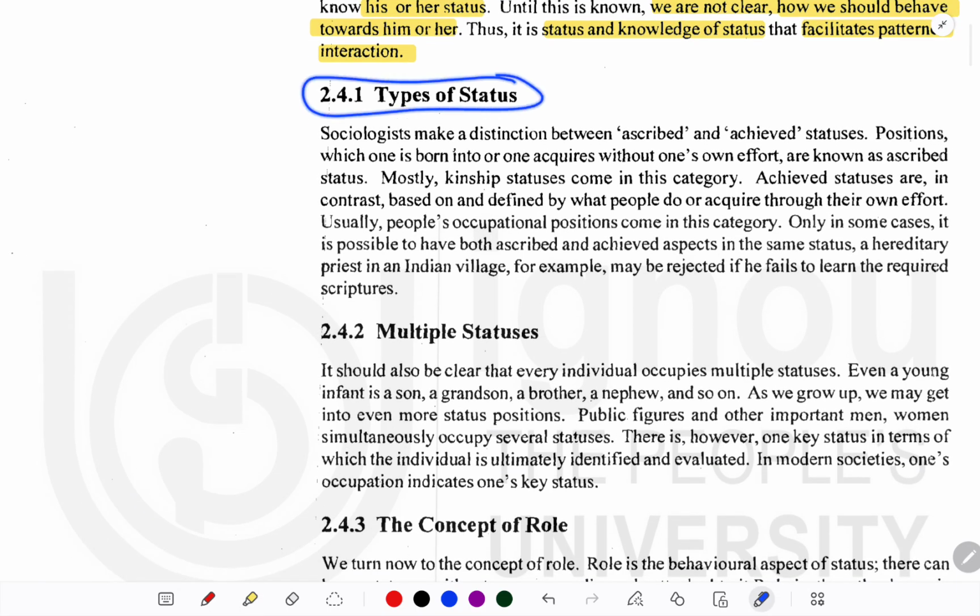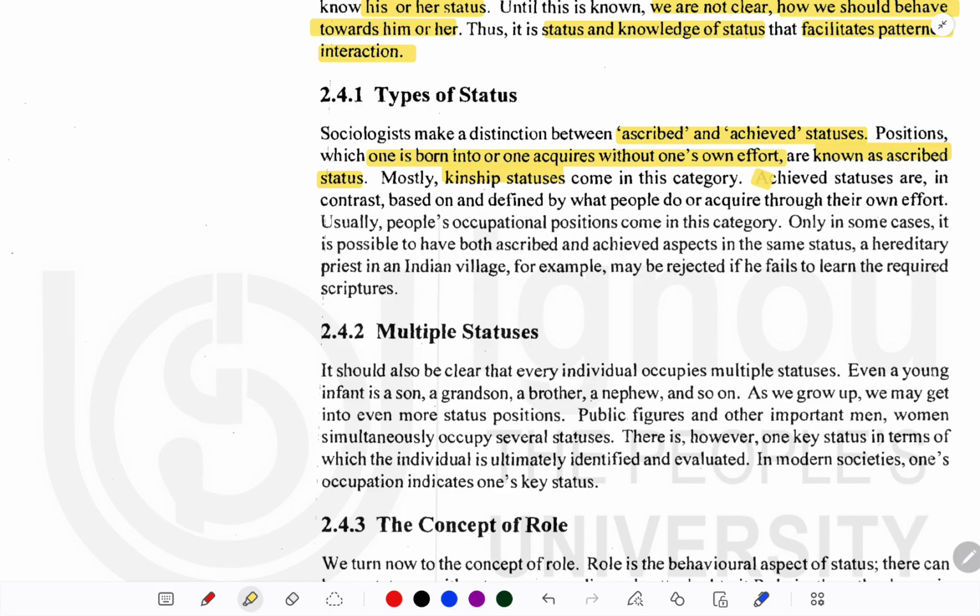Types of status. Sociologists make distinction between ascribed and achieved statuses. Positions which one is born into or one acquires without one's own effort are known as ascribed status. Mostly, kinship statuses come into this category.